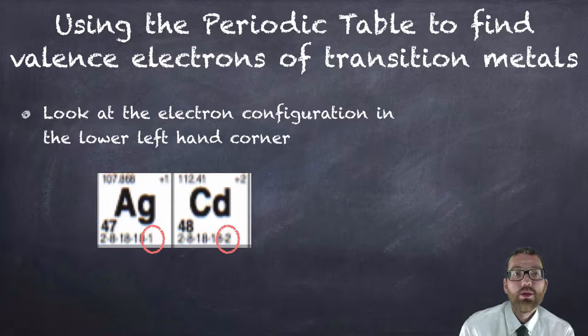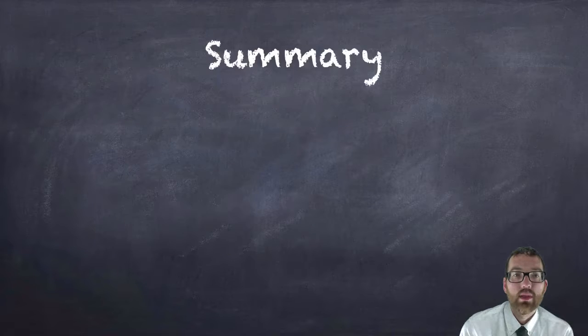All you need to do is look at the last number. So silver has 1. Cadmium has 2. That last number is the electrons in the outermost shell, the valence electrons in its valence shell.